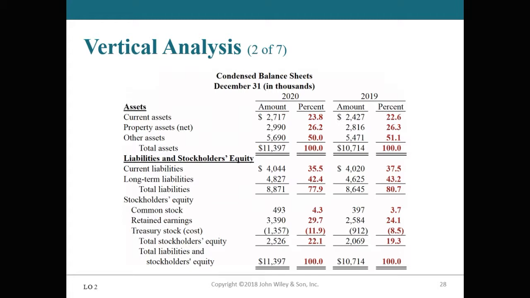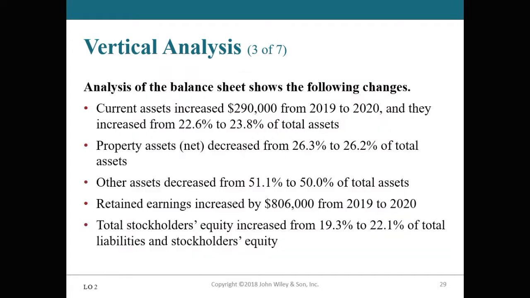So we're carrying a little bit less debt. Common stock, and then retained earnings, and then what our treasury stock are as a relationship back to total assets. We notice that these are the changes that happened.